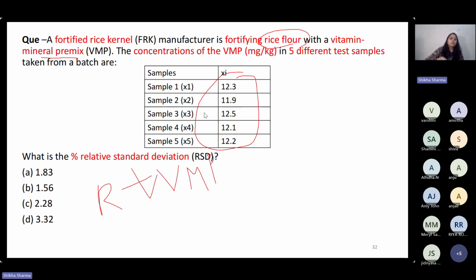So in the mixed, fortified rice flour, when we tested the VMP amount, we got these 5 test results. We need to find the percentage relative standard deviation. Anyone who would like to answer this question?